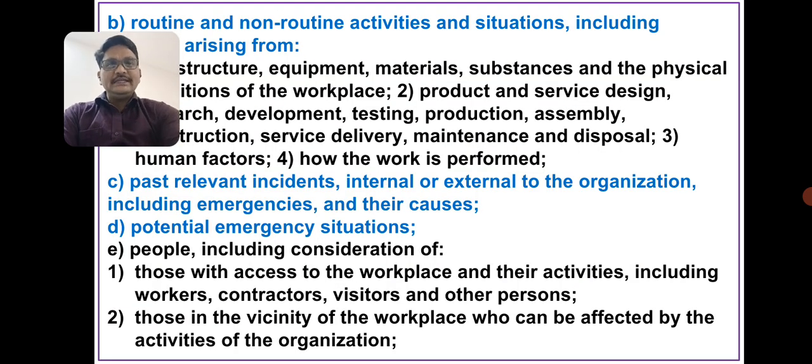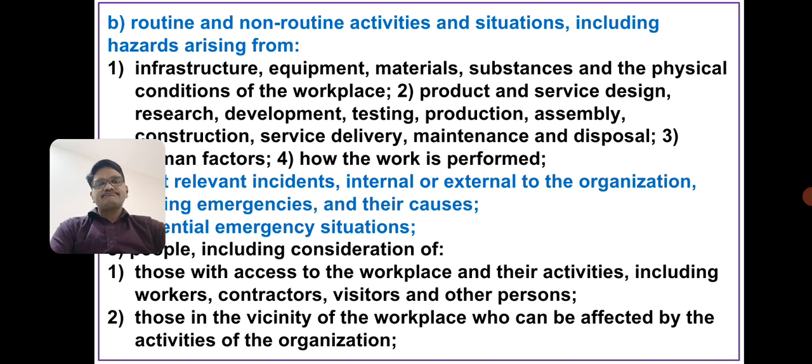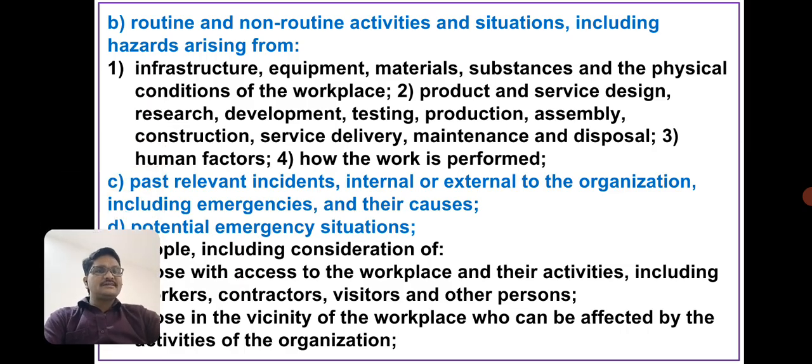Next, routine and non-routine activities and situations, including hazards from infrastructure, equipment, materials, substances, physical conditions of the workplace, and product and service design. And next are human factors and how work is performed.